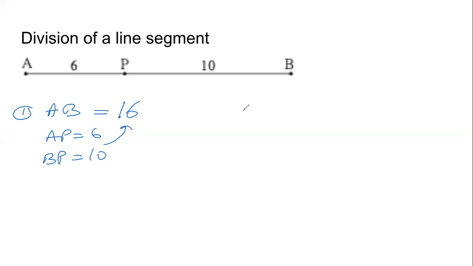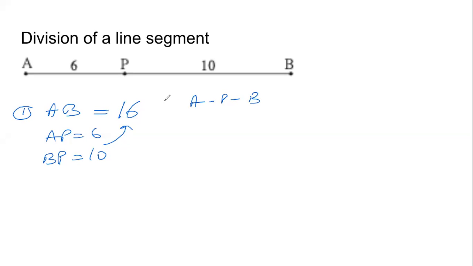Now, when we write A, P, B like this, it means A, P, and B are collinear, where P is in between A and B. And this point P divides the line segment AB in a particular ratio. What is that ratio?